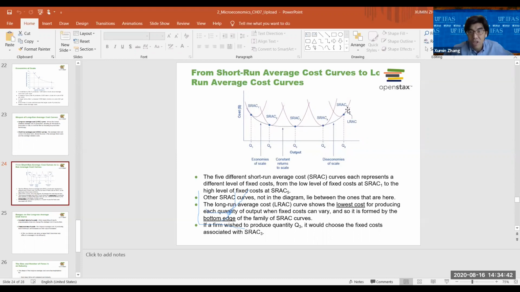And then we are facing an increasing one. So the idea behind that is that we should not produce at this amount, okay? This is the economies of scale. We should produce somewhere here in the long run. The long run envelope average cost curve holds all of this, or let's say interacts with all the short run average cost curves.